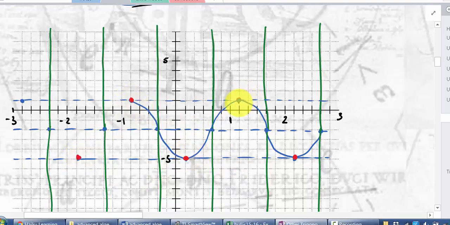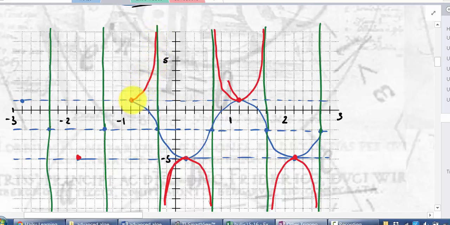And then it goes like this. Like this. That's it. Here's the graph you wanted to draw all along. This one right here. Okay, so it's very simple.